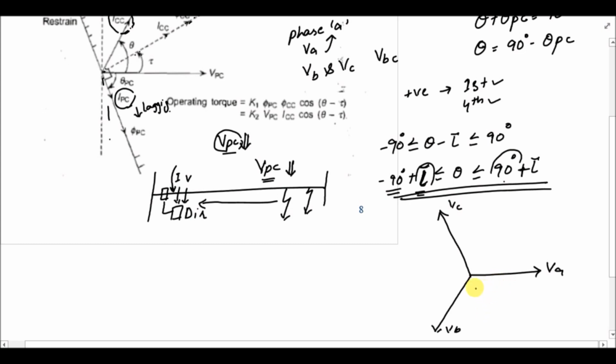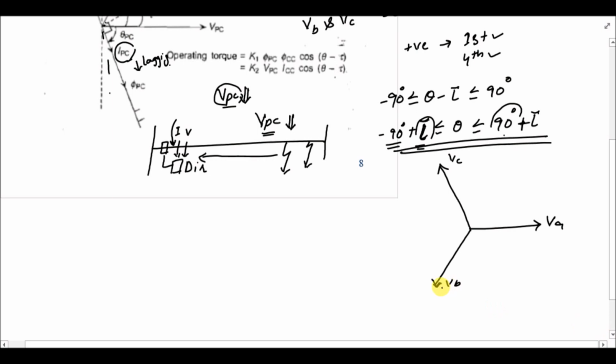Now if I have to calculate the line to line voltage VBC, this will be your VB and this will be your minus VC, and this phasor will be representing VBC, right? So if we take this VBC as a polarizing quantity, which is VPC, then the current that is related to VPC is IPC.